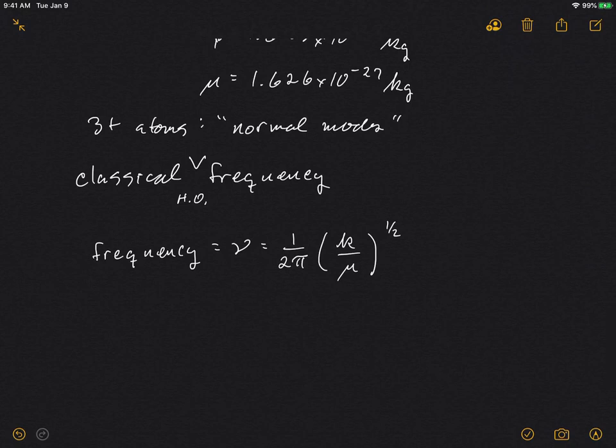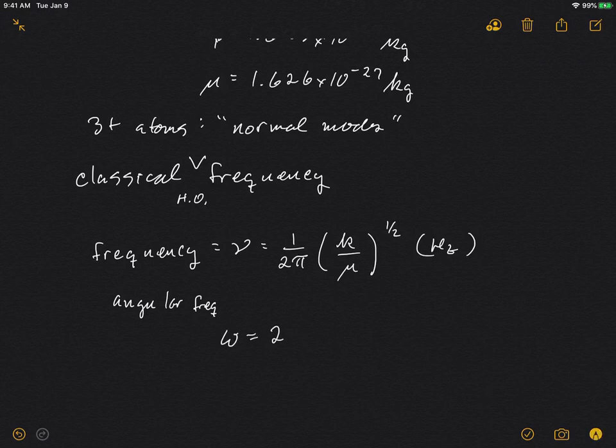Angular frequency, so that's frequency in hertz. Angular frequency, which would have units more like radians per second, is given by omega equals 2 pi nu. So it's going to have a slightly simpler expression. The 2 pi's cancel, and we get k over mu to the 1/2.